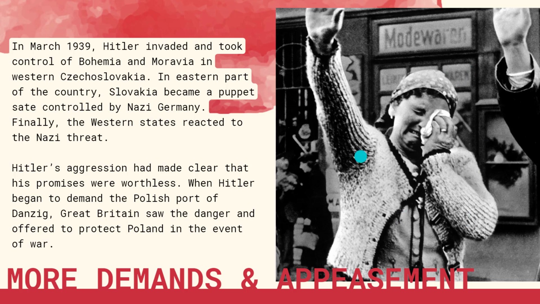Now, this is a picture of a woman in Czechoslovakia, and the Nazi Party has just come in and taken over the area. Now, there's a lot of debate on whether she is crying tears of joy or tears of sadness or pain.